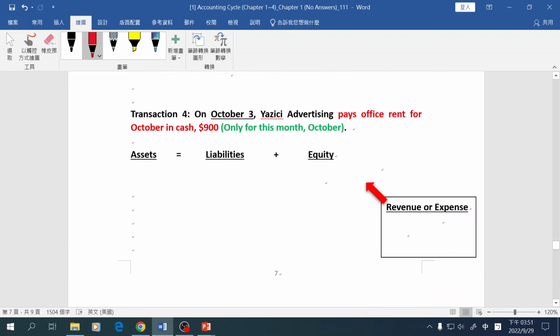Then transaction 4. Please look at transaction 4. Transaction 4, what's going on? Your company pays. Did you find the keyword pay? So it means what? You pay the cash. For what? Office rent. So you rent the office. Pay the cash already. So for this, tell us the reason: what kind of expenses happened.